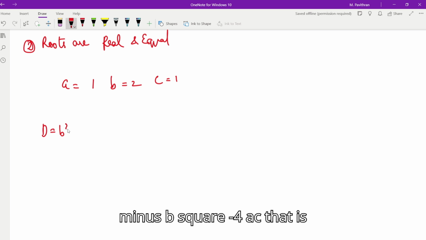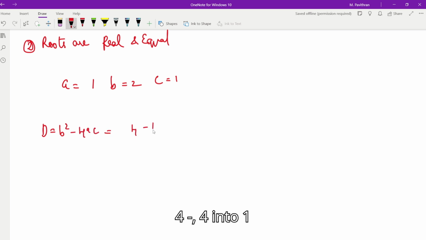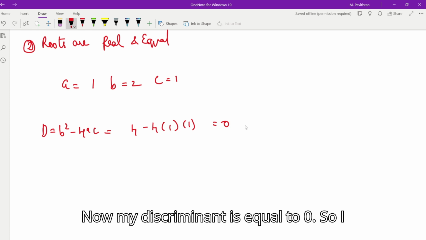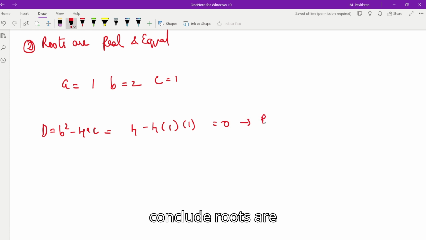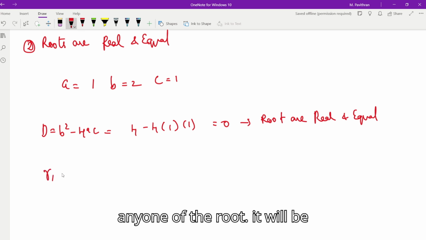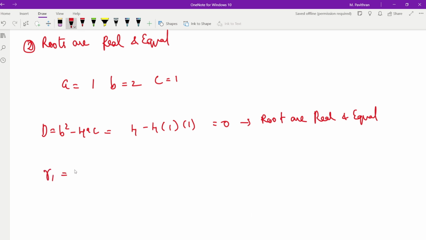Discriminant is equal to b square minus 4ac, that is 4 minus 4 into 1 into 1, that is equal to 0. Now my discriminant is equal to 0, so I conclude roots are real and equal, right?